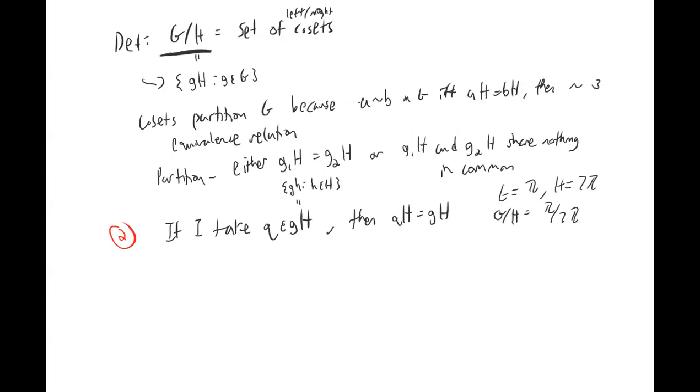Let's take little g to be 1. Then what is gH? In this case the operation is plus because Z is a group under plus, so it's g plus h. It's the set of 1 plus h such that h is in 7Z.